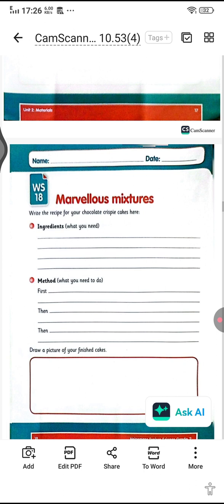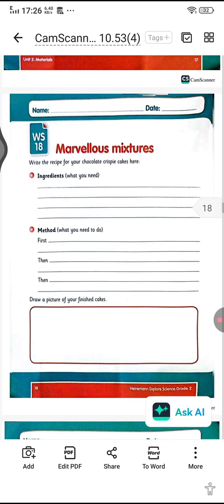And method is first you will take the milk and put flour in it, and flour, sugar, and cocoa powder and eggs in it, and mix it very well. Then add some vanilla essence and baking powder in it, and then bake in the cooking range or in the oven.